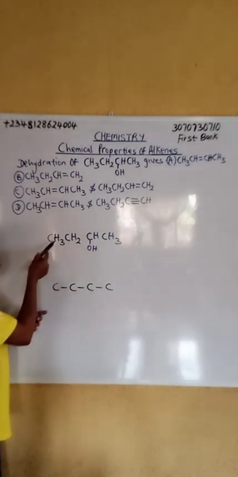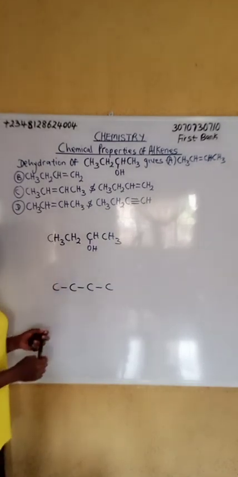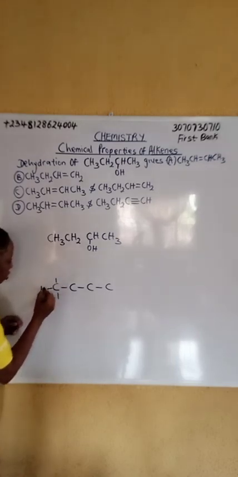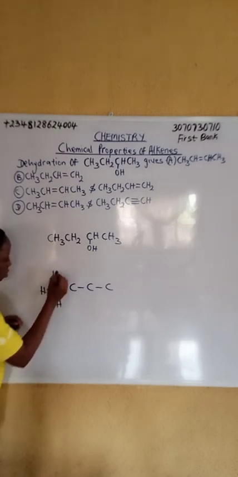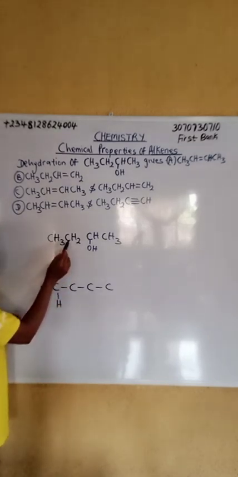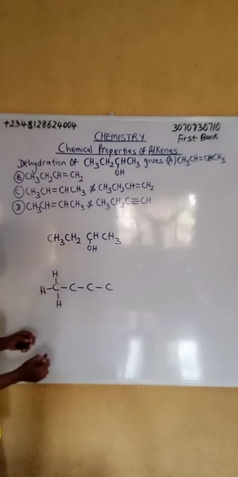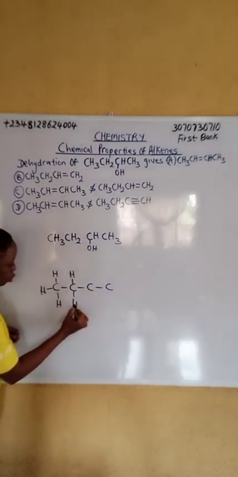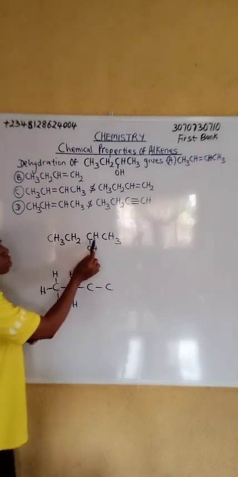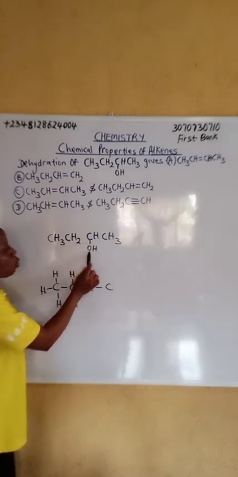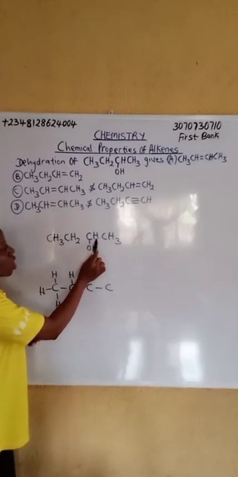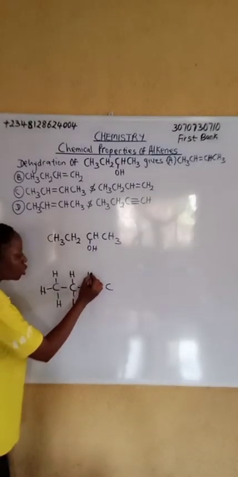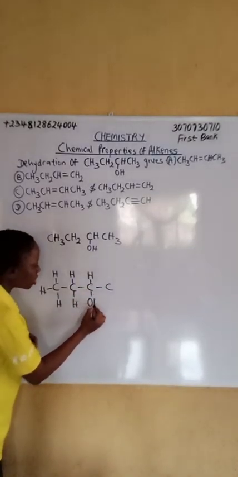Then the first carbon atom has 3 hydrogen atoms, so surround it with 3 hydrogen atoms. Then the second carbon atom goes with 2 hydrogen atoms, 1, 2. Then the third carbon atom with 1 hydrogen and 1 hydroxy group.